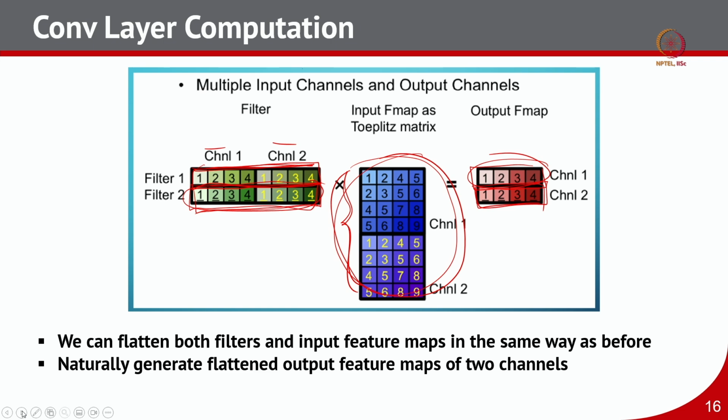So, that flattening will take some time, and remember we have these channels. When we get the outputs, we are actually getting this flattened output, right. We are not getting a nicely shaped output feature map, because remember, this 1 2 3 4 has to be one channel, and another channel has to be this 1 2 3 and then 4, right.